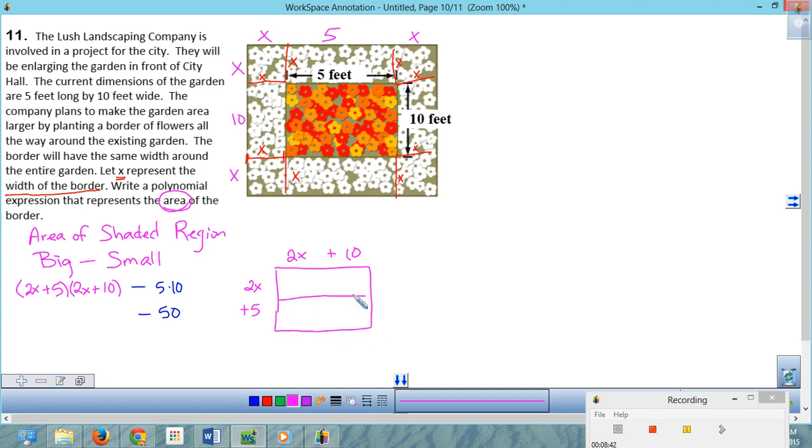And so 2 times 2 is 4, and there's x squared. 2 times 10 is positive 20, and then there's just an x. Okay? 5 times 2x is 10x. 5 times 10 is 50.